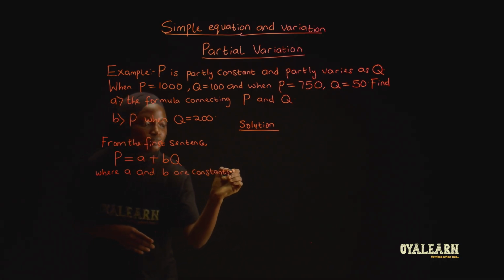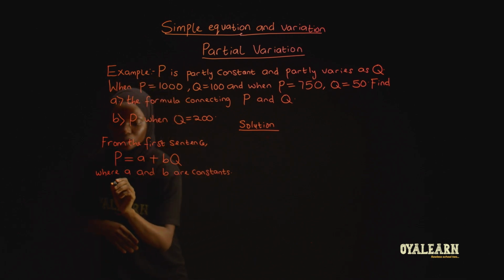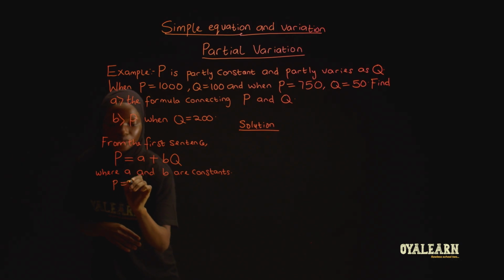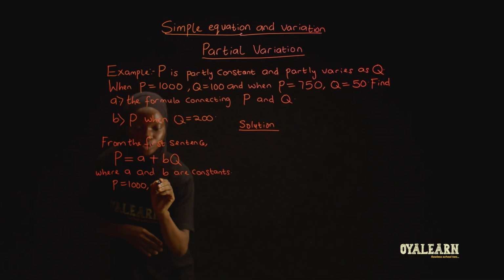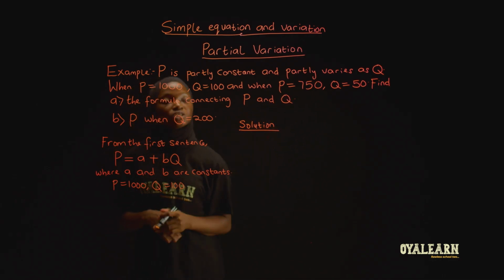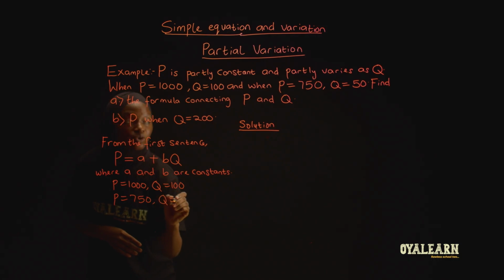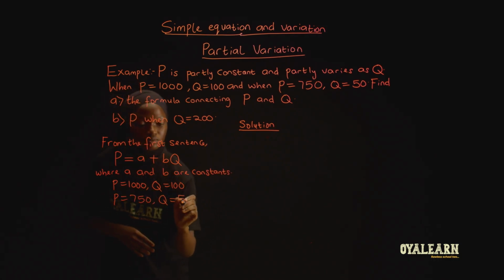constants. Now the question says, when P equals 1000, then Q equals 100, and when P equals 750, then Q equals 50.